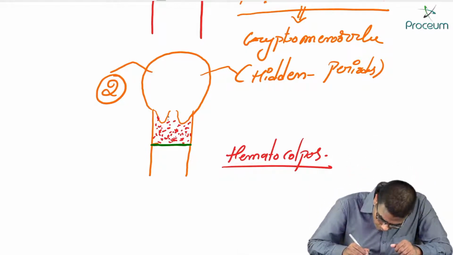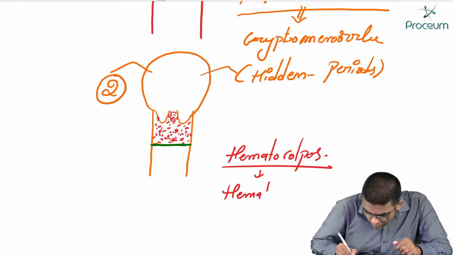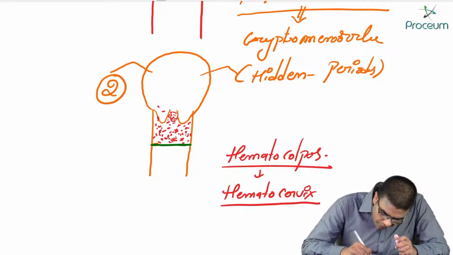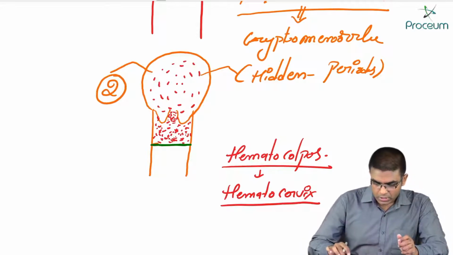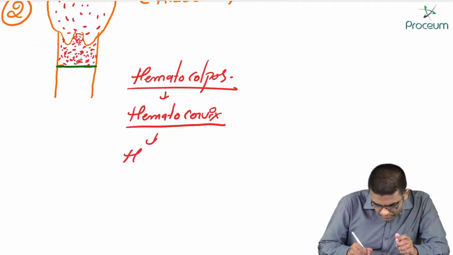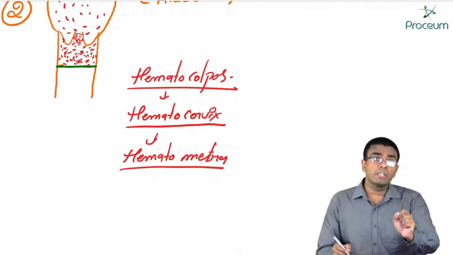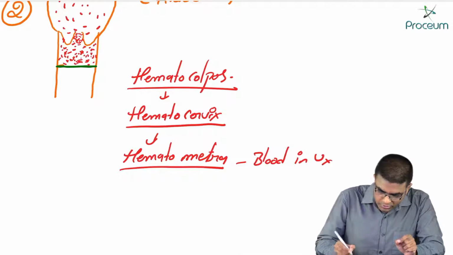If there is too much blood accumulation, it will go to the cervix, hematocervix. Now the blood is even accumulating in the cervix. After some time, even the blood is accumulating in the uterus. This is hematometra. What exactly is hematometra? Blood accumulation in the uterus.